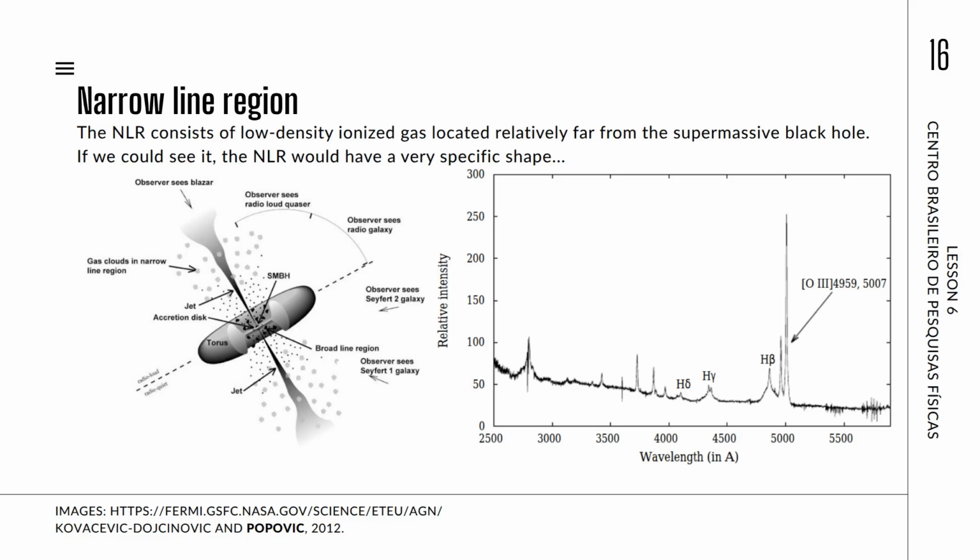You see that the oxygen 3 line, which is a line coming from the narrow line region, we can tell that by, for instance, the width of the line. If we were able to observe this galaxy only at these wavelengths, then we should see directly the narrow line region. And that's what we do.